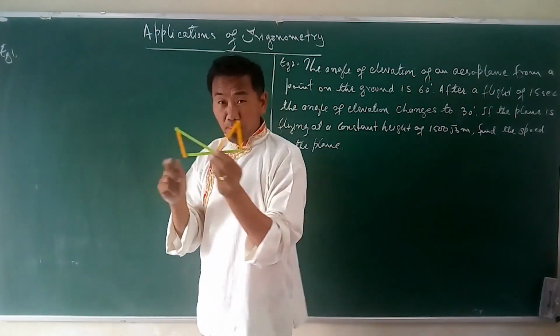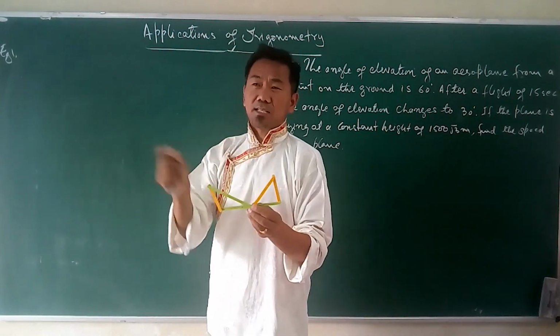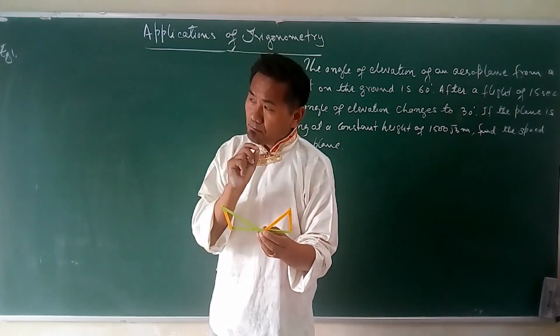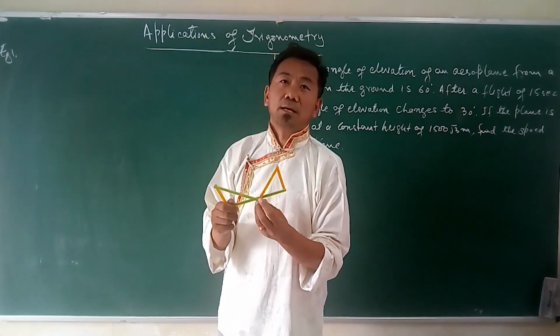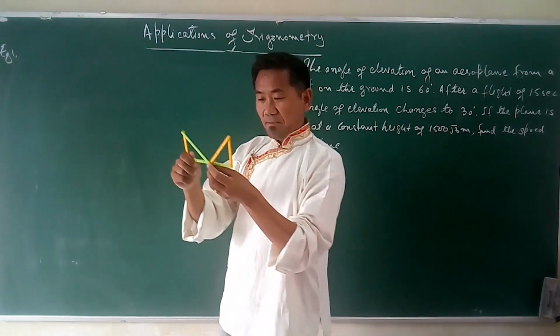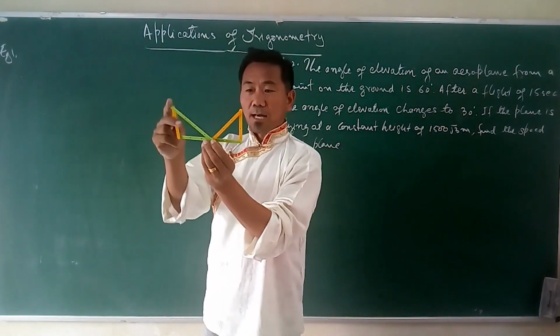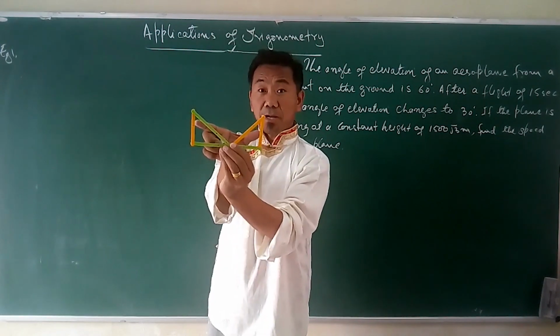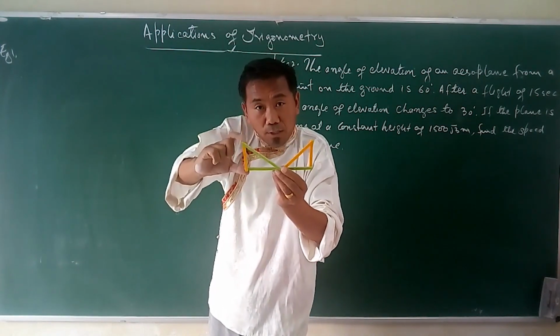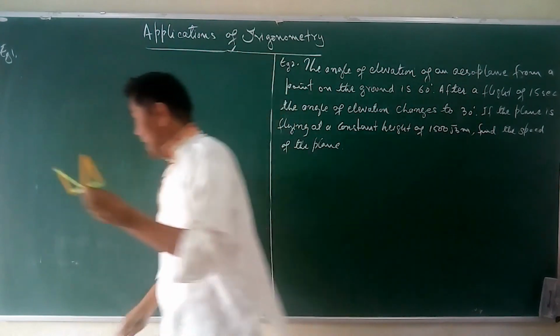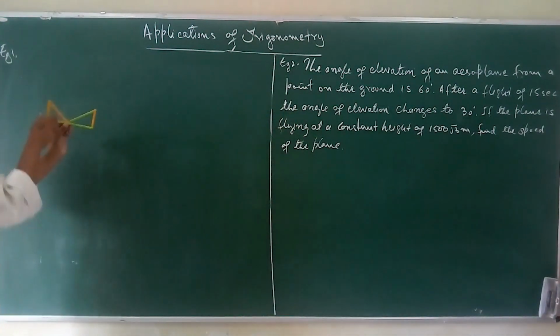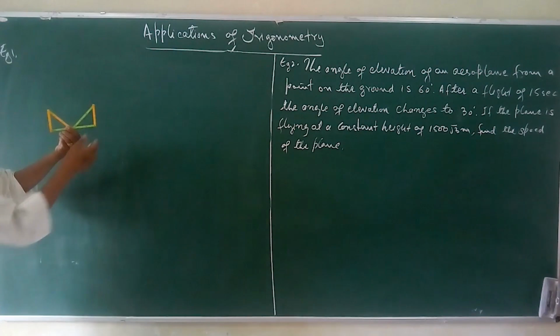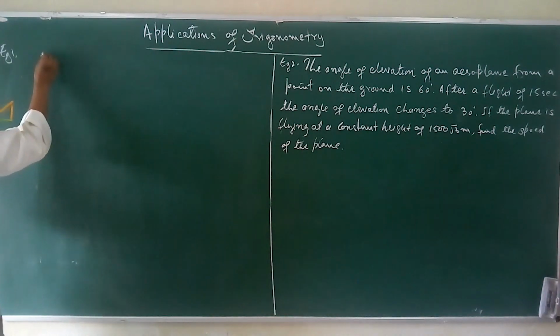So the first example here is the height of the two buildings is same. We are going to find the height of this.